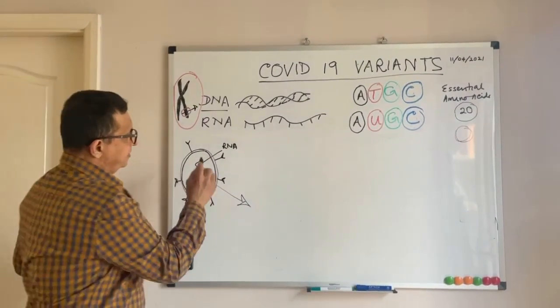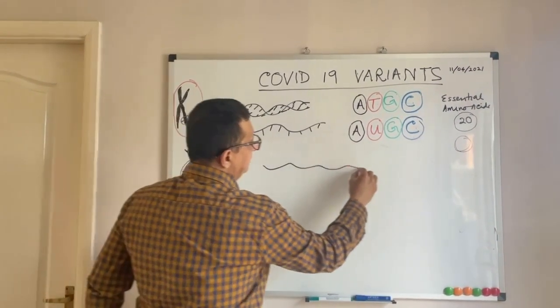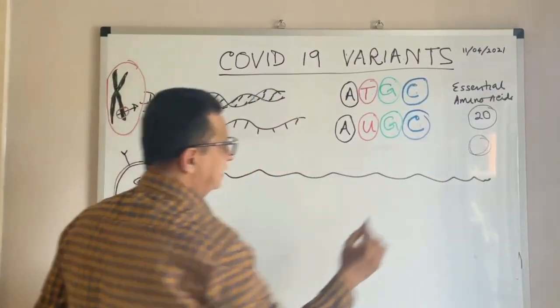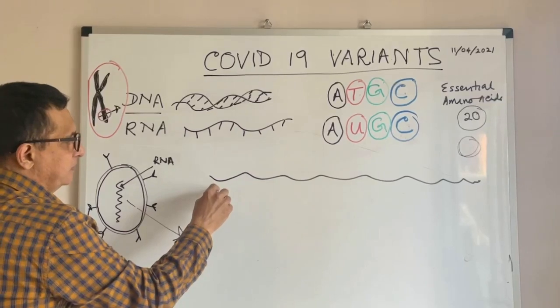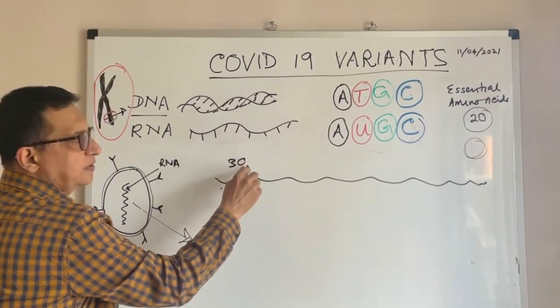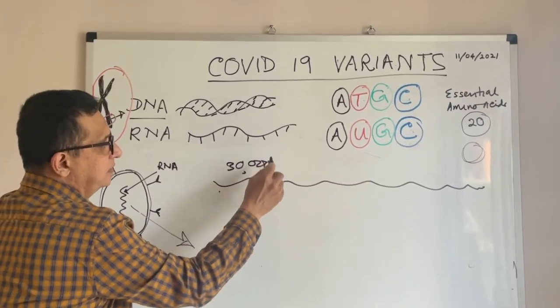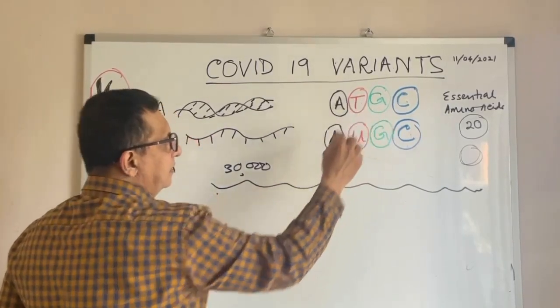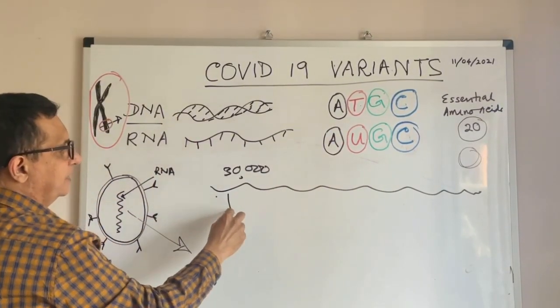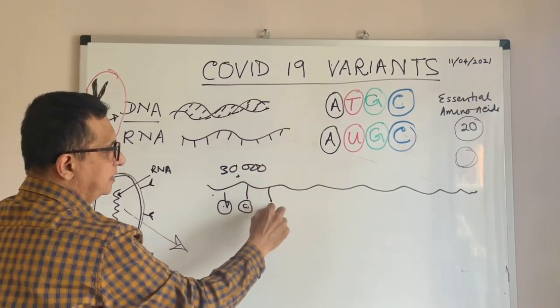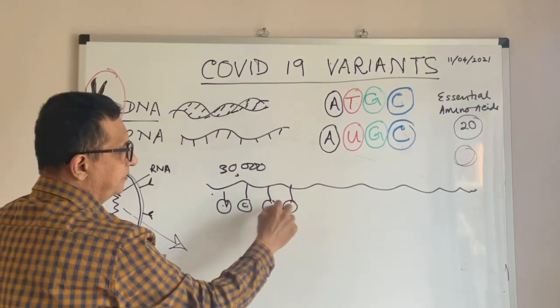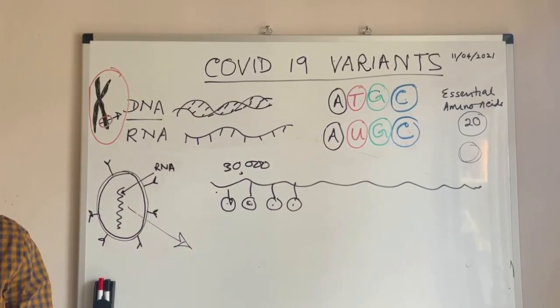This single-stranded RNA contains 30,000 bases throughout this genome. 30,000.